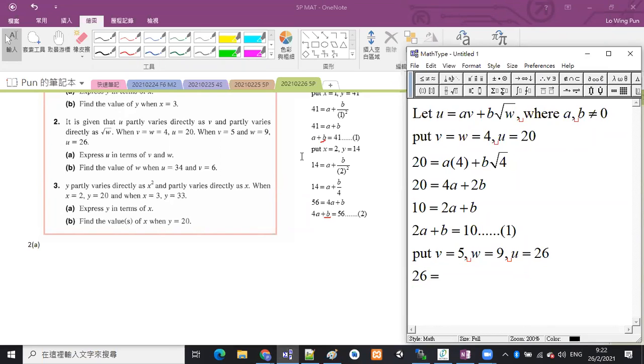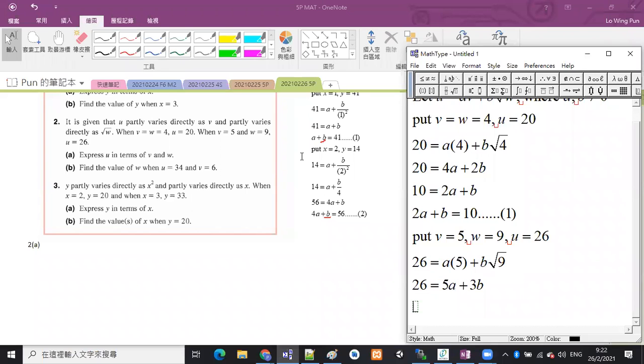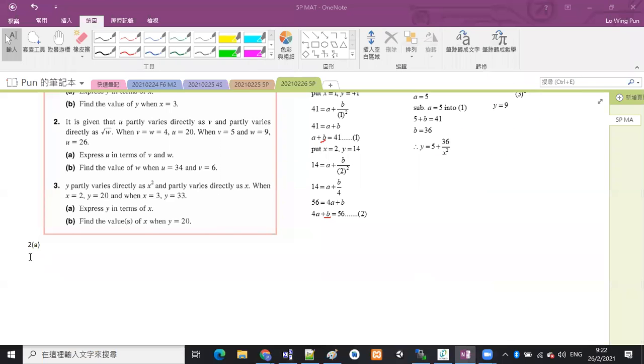So 26 is equal to a times 5 plus b times square root of 9. Simplify: 26 is equal to 5a plus 3b. And there is no common factor here. So we just write 5a plus 3b on the left-hand side is equal to 26. And this is equation 2.